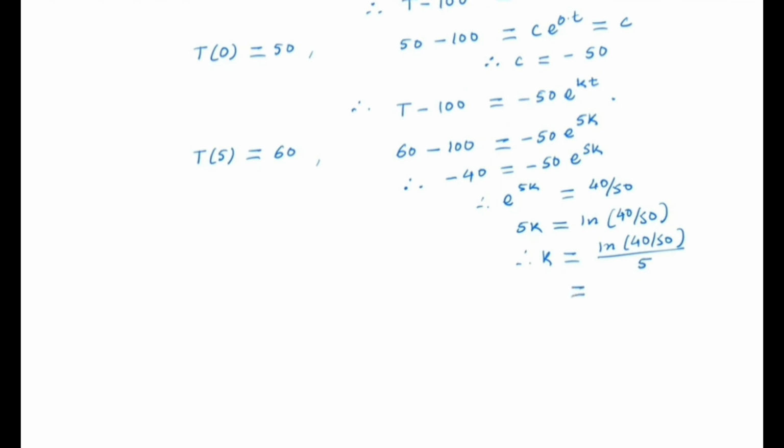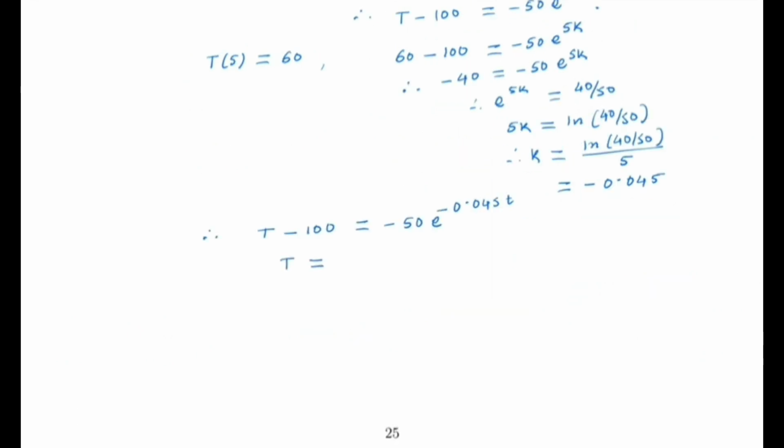And if we calculate this, we get this will be minus 0.045. So we get k. So the equation becomes T minus 100 is nothing but minus 50 times e power minus 0.045 t. So T will be 100 minus 50 e power minus 0.045 t.